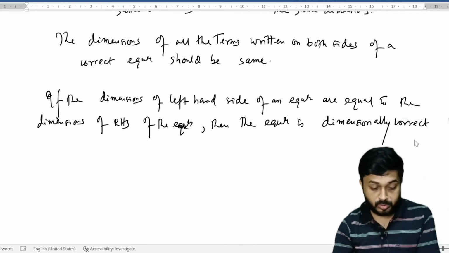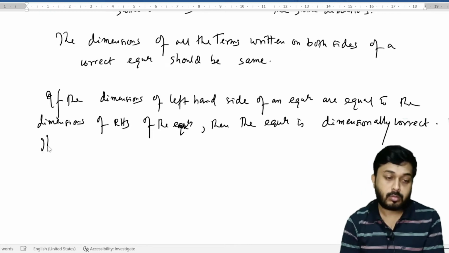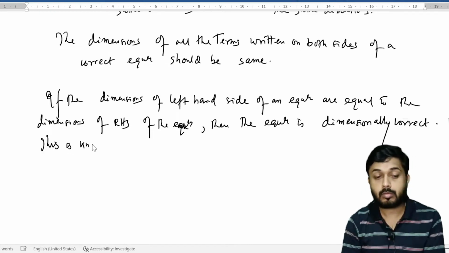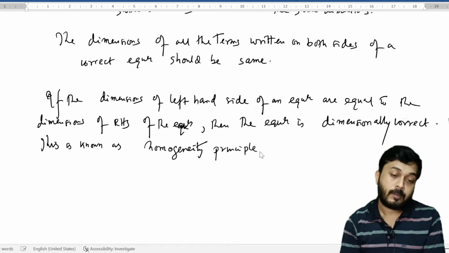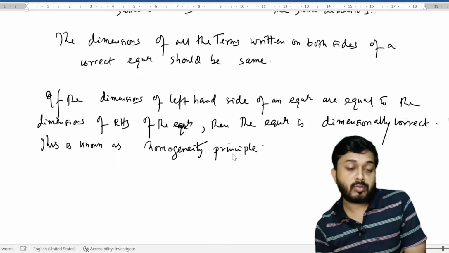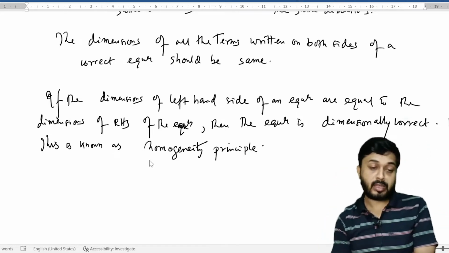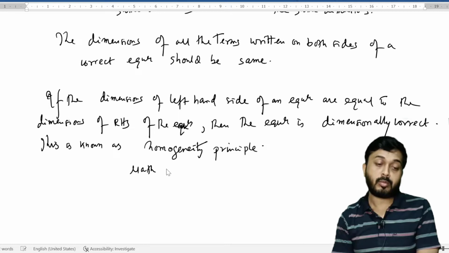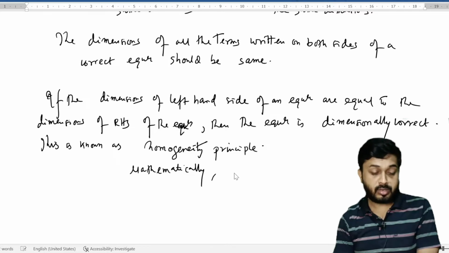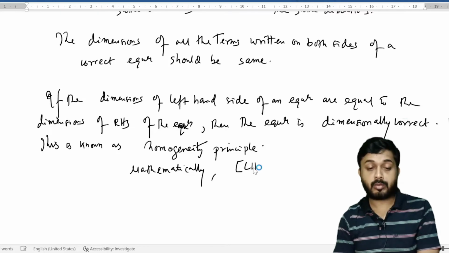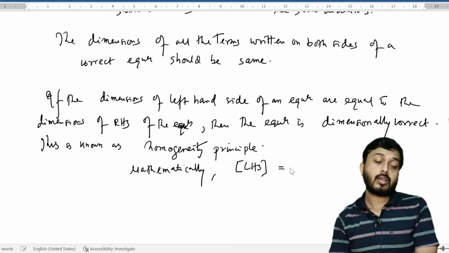This is known as the principle of homogeneity or homogeneity principle. Mathematically we can say that the dimensions of LHS will have to be equal to the dimensions of RHS.